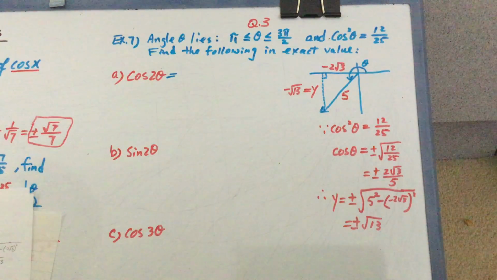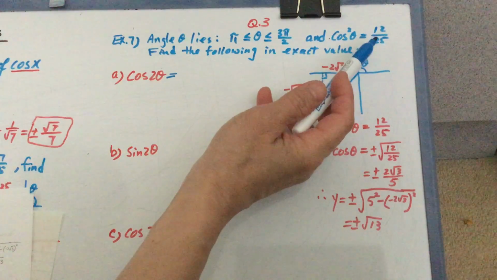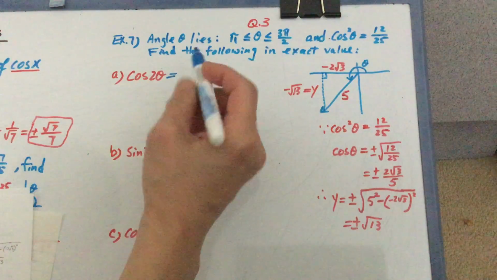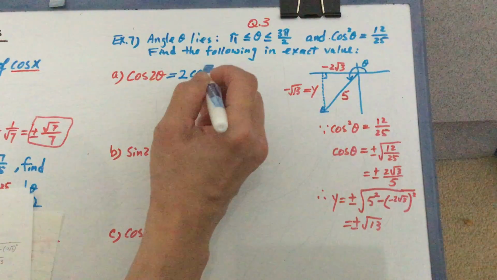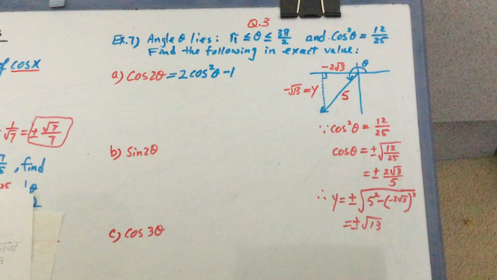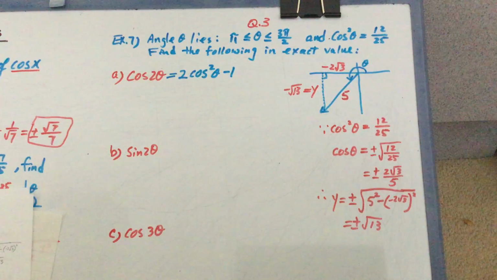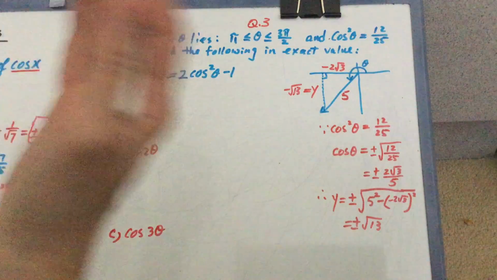In this case, since the cos square theta is given to us, I think I will use this formula instead, out of the 3. I try to avoid the one with the cos and the sine so that I don't have to look for too many things.